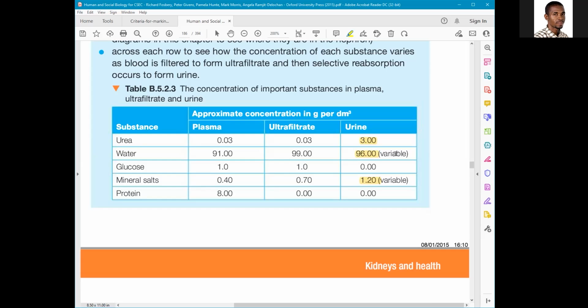Okay. The next topic we would need to look at, but not today, would be kidney failure. We have to look at the kidneys and health. And that would bring us on to dialysis.